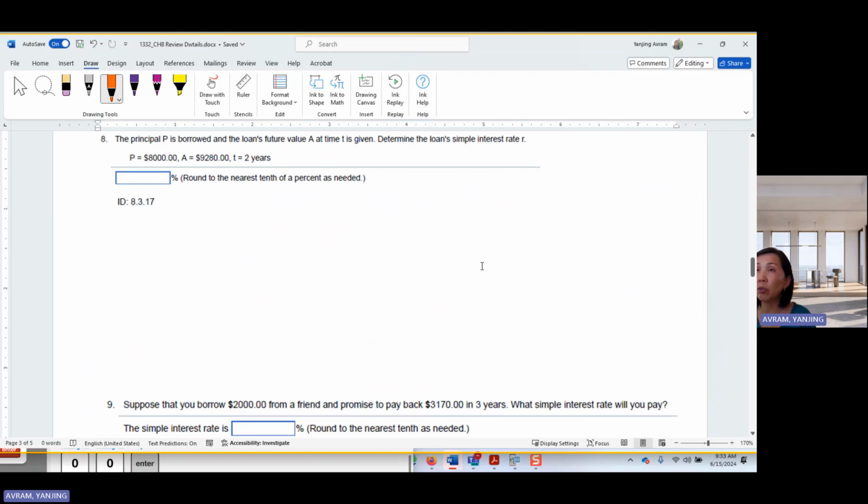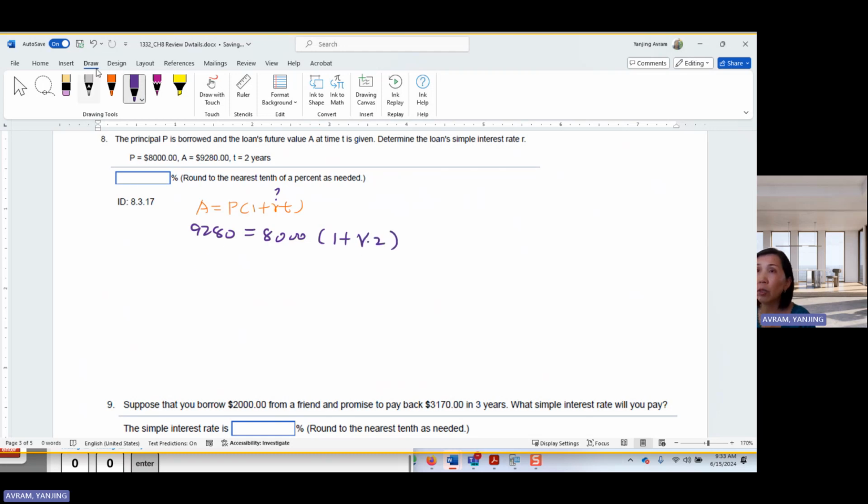So we can do that one more time. We have A equal to P times 1 plus RT, and we want to find the R. Right now A here is 9280, P here is 8000, R here is unknown, and T here is 2.